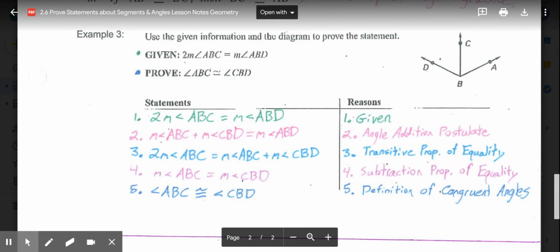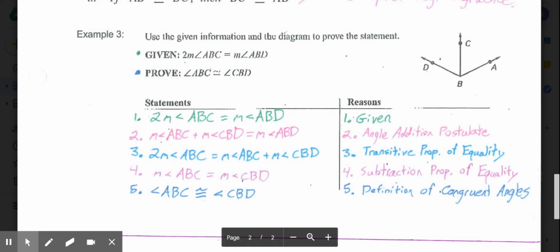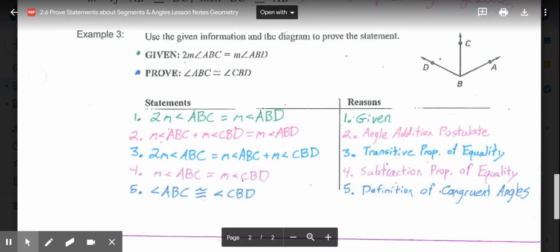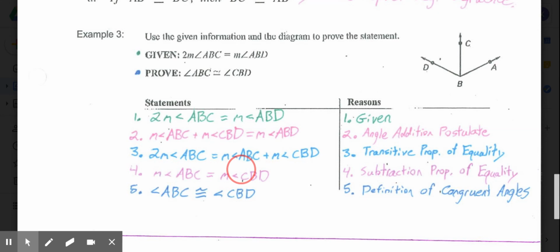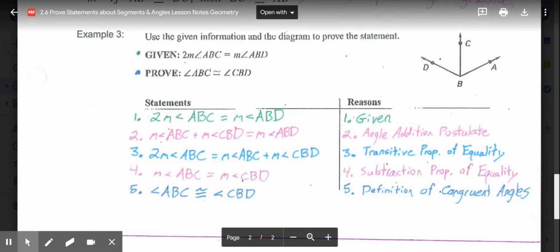And then our last step, number 5, is our prove statement. Now that I know the measures are equal, based on the definition of congruent angles, if they have equal measures, the angles are congruent. So angle ABC is congruent to angle CBD by the definition of congruent angles.